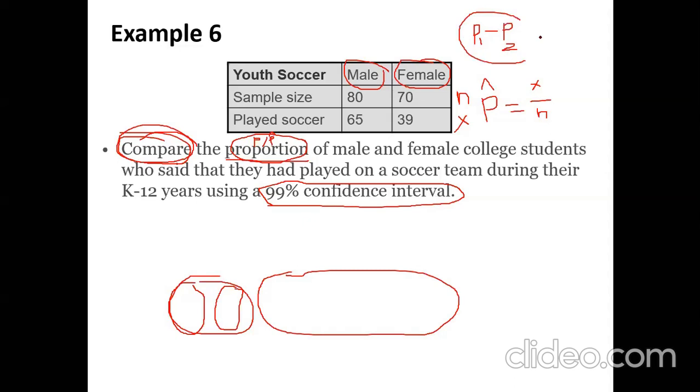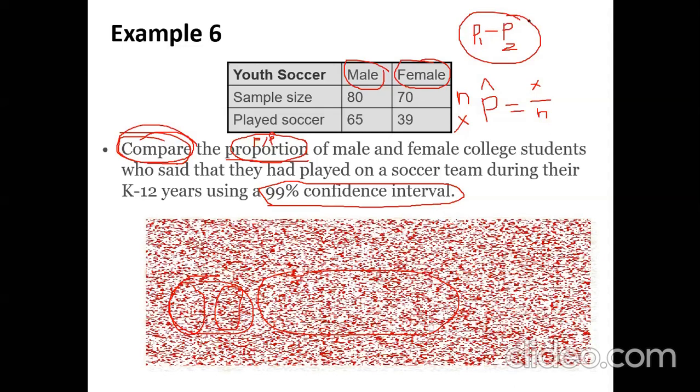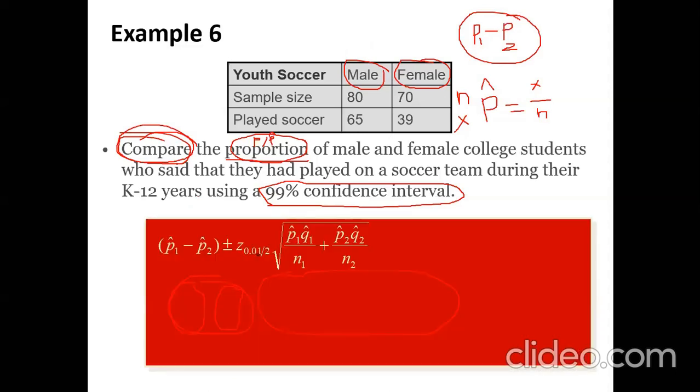If you refer back to the previous slide for the fourth formula for interval estimator, it is P hat 1 minus P hat 2 plus minus Z, the critical value alpha divided by 2, square root of P hat times Q hat.